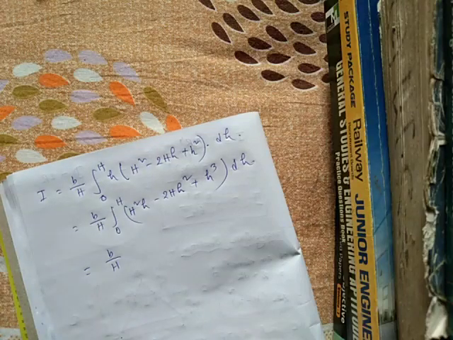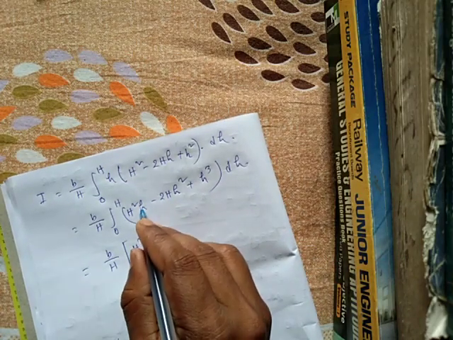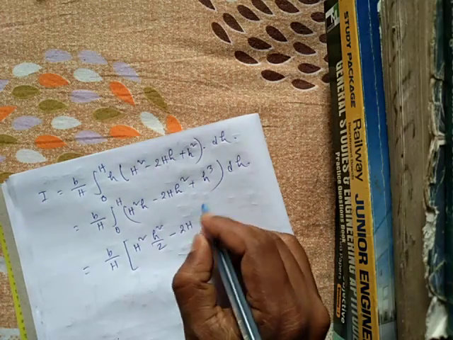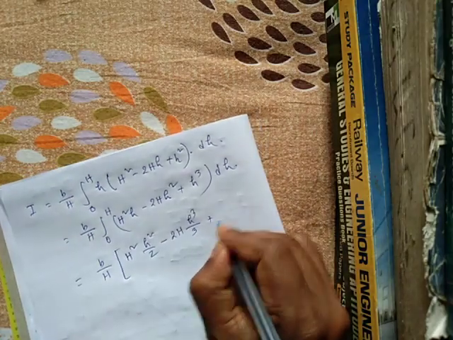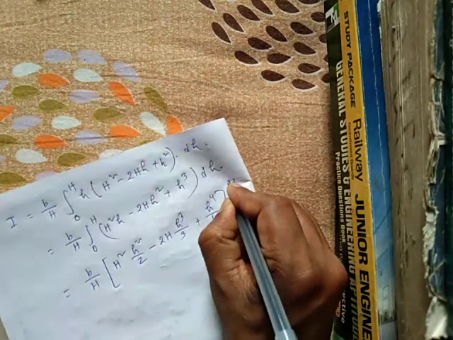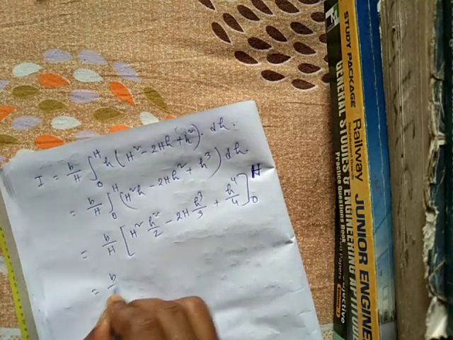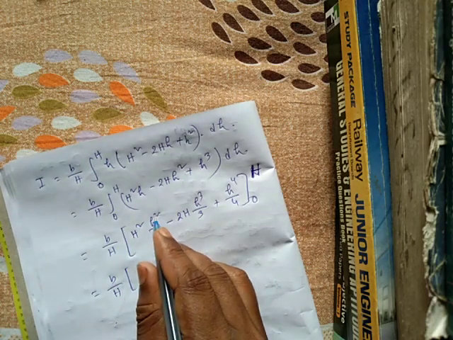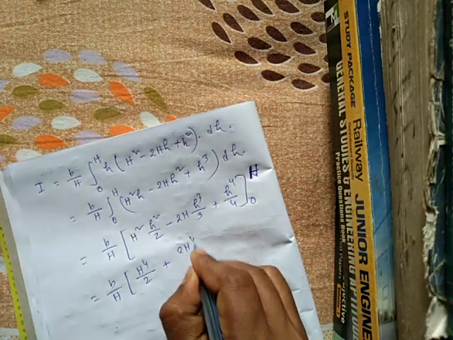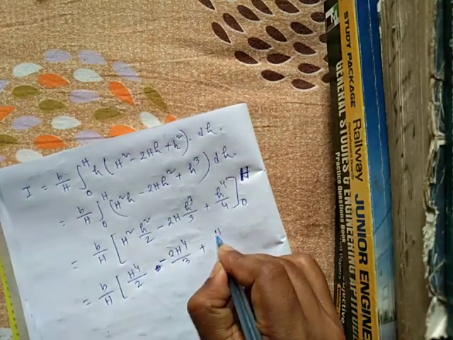Integrating it: b by H, H square into h square divided by 2 minus 2H into h cube divided by 3 plus h to the power 4 divided by 4, limit 0 to capital H. Put the value of the limit: b by H into (H to the power 4 divided by 2 minus 2H into H cube divided by 3, sorry, 2H to the power 4 divided by 3, plus H to the power 4 divided by 4).